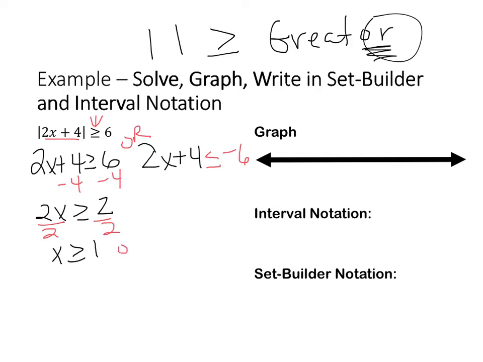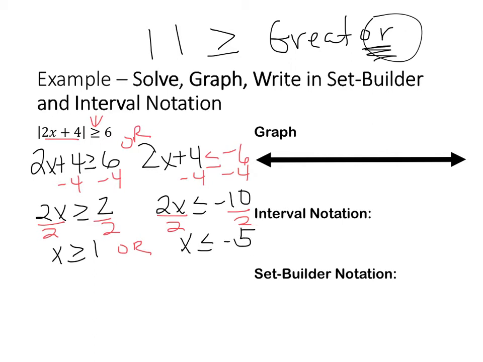Now we have to find our other answer. Since we wrote what's inside the bars twice, we follow the same steps to solve. We subtract 4, and we have 2x is less than or equal to -10. We get rid of our multiplication with division, so x is less than or equal to -5.